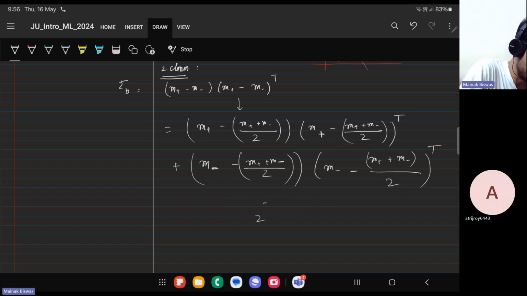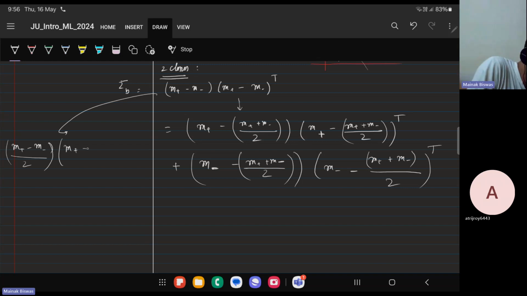So what I essentially did is, let me just write the in-between step so that there is no confusion. I did m plus m minus by 2, plus m minus m plus by 2, m minus, m plus by 2.